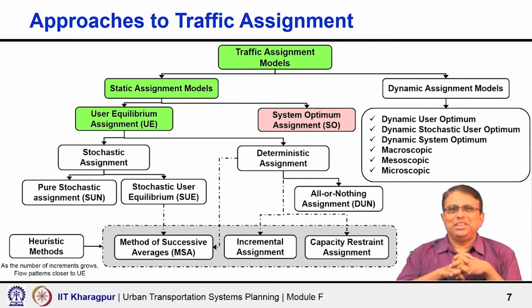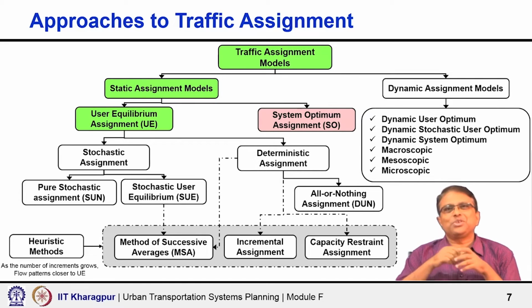That means, when individuals say they are taking the best route and there is no alternative route where they can shift to get a better travel time, still the overall system is not getting optimized through that user equilibrium.